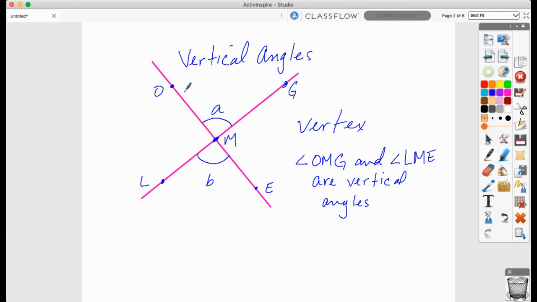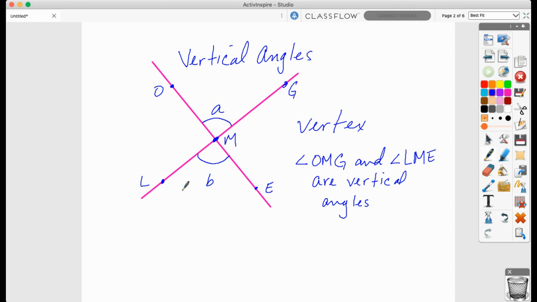Angle OMG, so we start at O, go through M, up to G, is the part that we labeled A, and LME is the part that we labeled B. Those two are vertical angles. That's going to be important later, because when we start talking about what these relationships mean, we get into some really good stuff. So for right now, we can say that the angle we labeled A and the angle we labeled B are vertical angles.